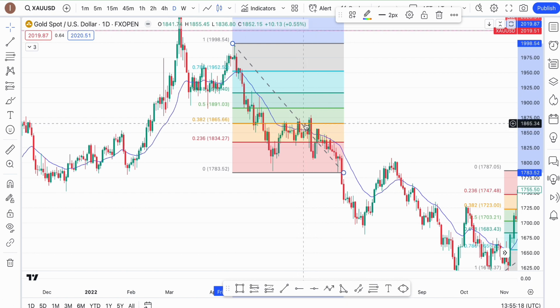You will notice that once it gets to this area, it bounces back, which signifies that we can enter for a sell around this area.